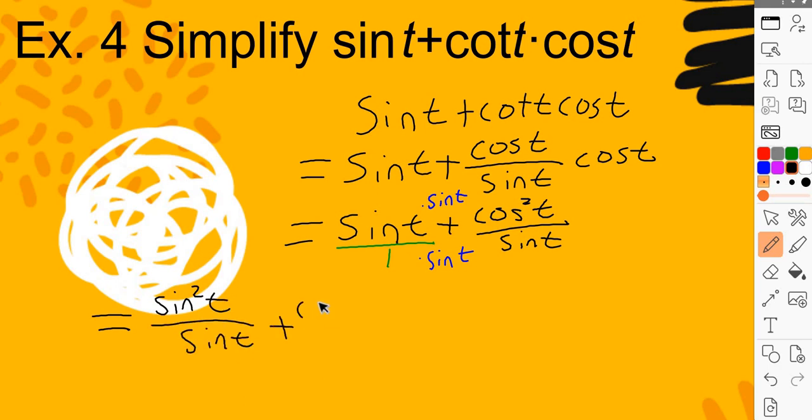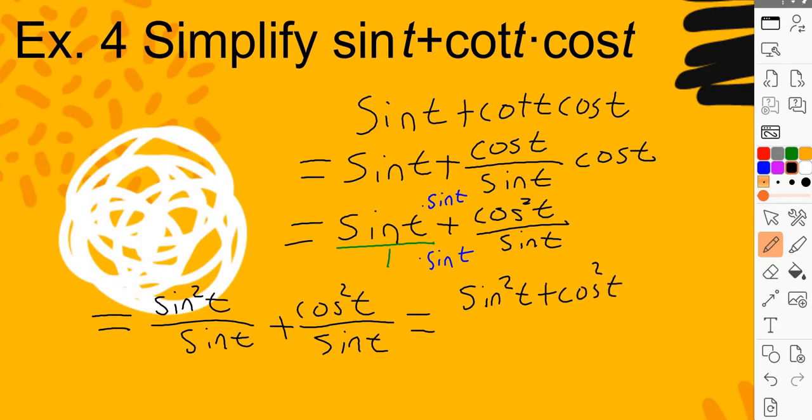So now that our denominators are the same, what can we do? Add. Okay. So now I have sine squared plus cosine squared on top and a sine on bottom. What is sine squared plus cosine squared? 1. By our Pythagorean identity.